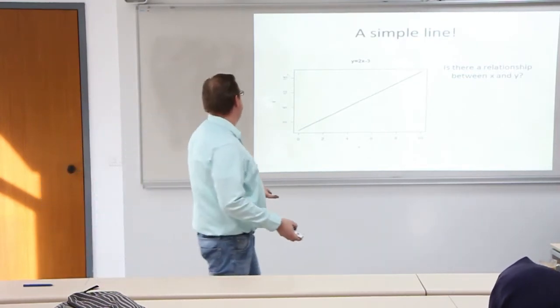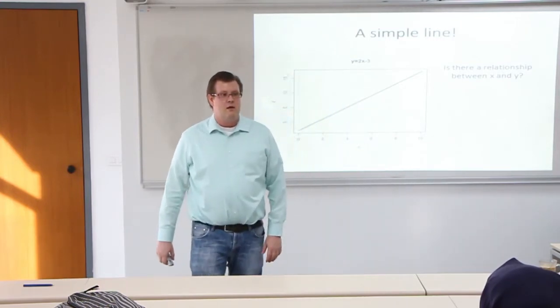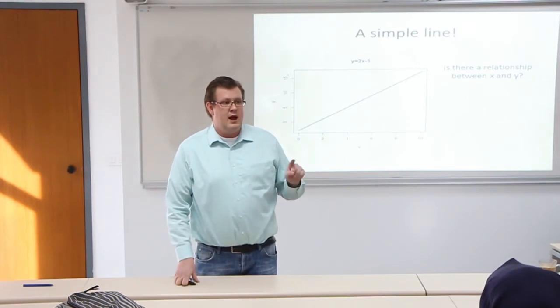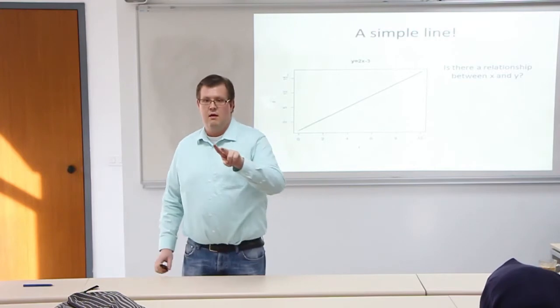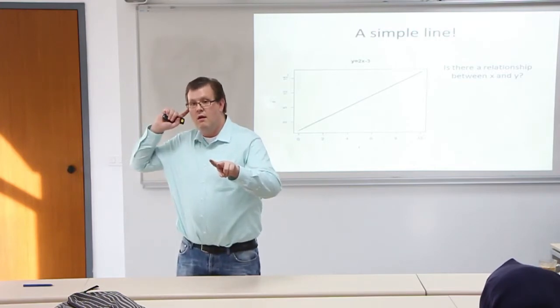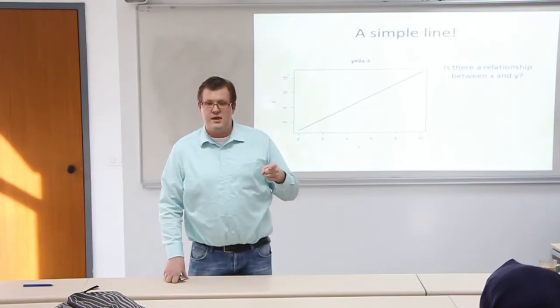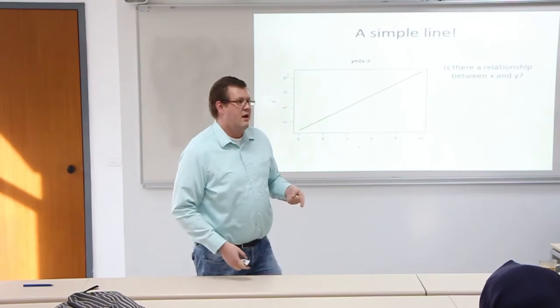How many pieces of information am I using to describe a line? Two. Basically 2. The coefficient on x, and minus 3. Minus 3 is one of them. That's the intercept. And the slope.